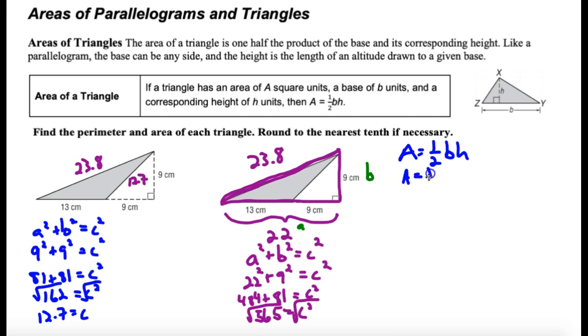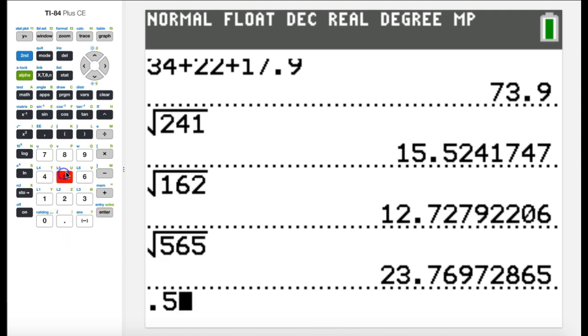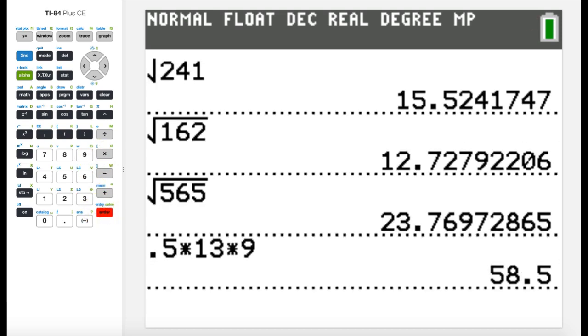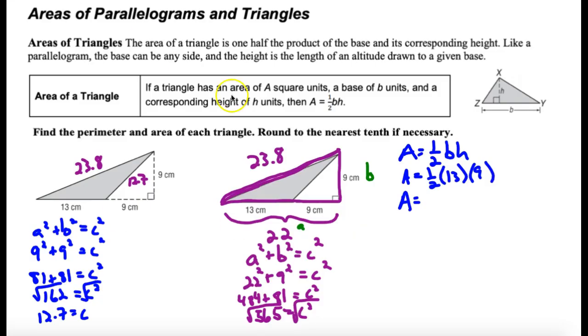So the area is going to be 1/2 times 13 times 9. So 1/2 times 13 times 9 is 58.5. So my area is 58.5. That will be square centimeters.